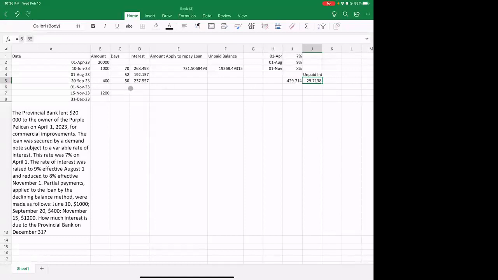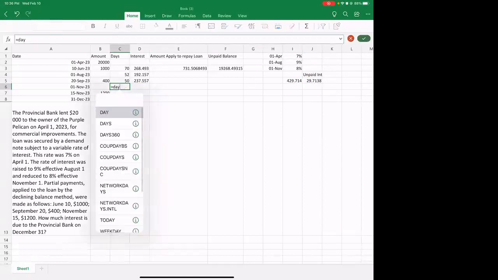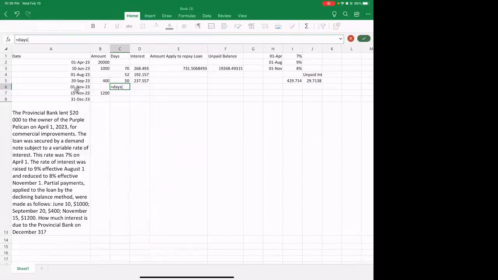So I'm going to calculate how many days here. So equal to days, this is the end date, begin date. So there are 42 days. So for these 42 days, the interest is still 9%.